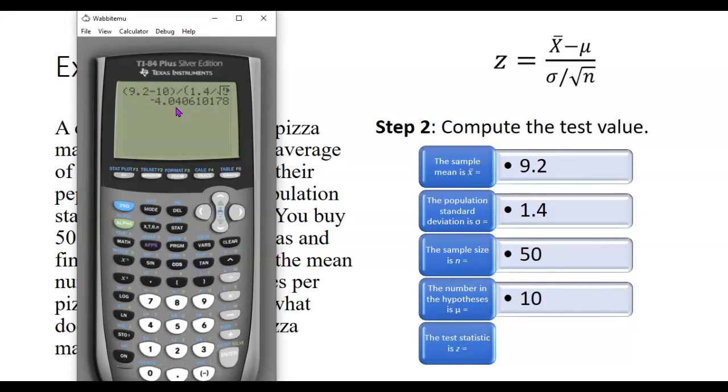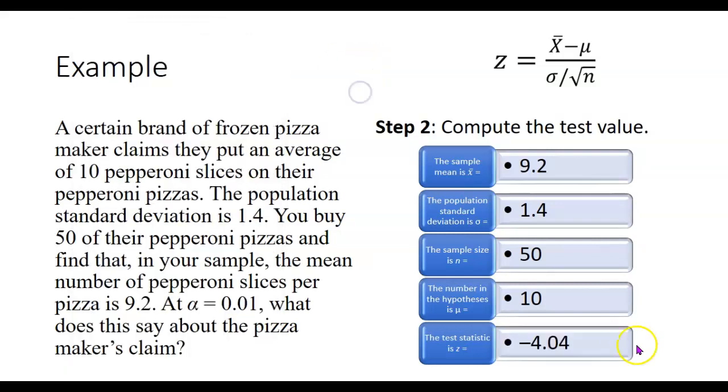So that's the same number we got those other couple ways. So the test statistic is negative 4.04.